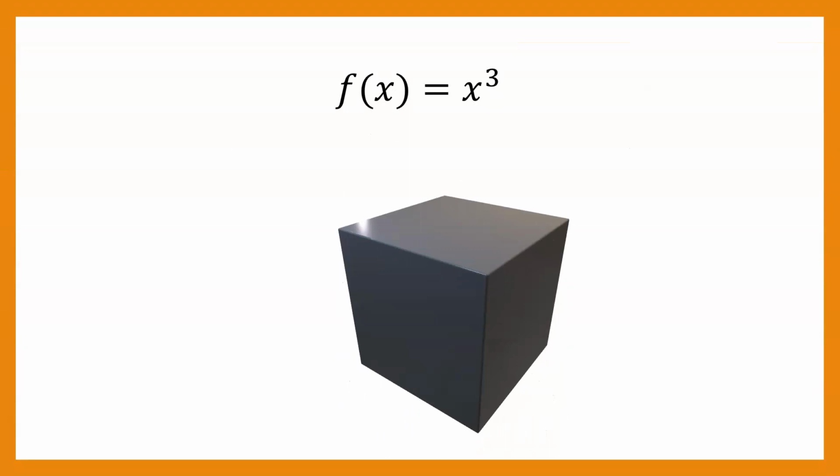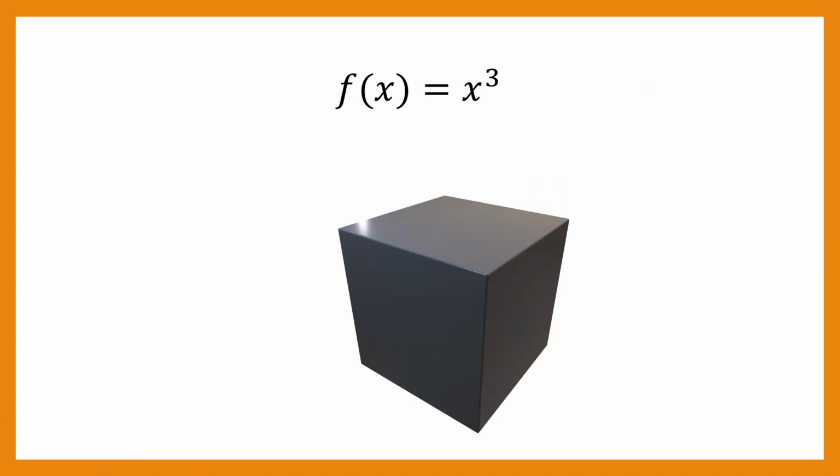Now, as far as giving you an informal or intuitive explanation of why the rule is the way it is, I don't know how to do that in general, but I can at least offer, for what it's worth, think of the function x cubed. And if you want to visualize what this function is doing, think of an actual cube that is x units long on each side.